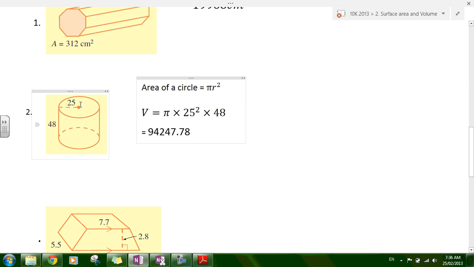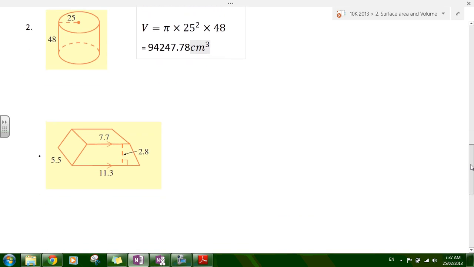Again, it doesn't have any units, but let's say the units are centimeters, and so we put cubic centimeters here. We found the area of the top, which is the circle, multiplied by its height. So that's the next one.